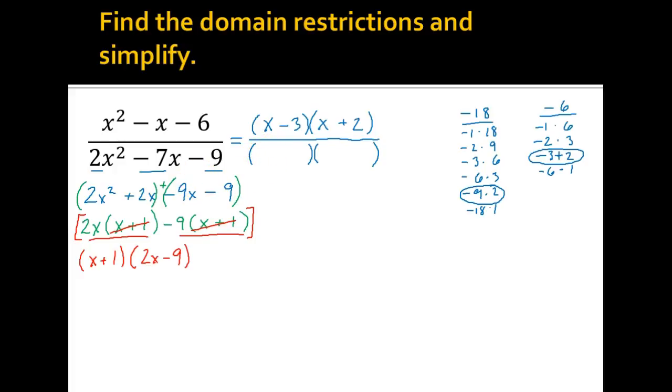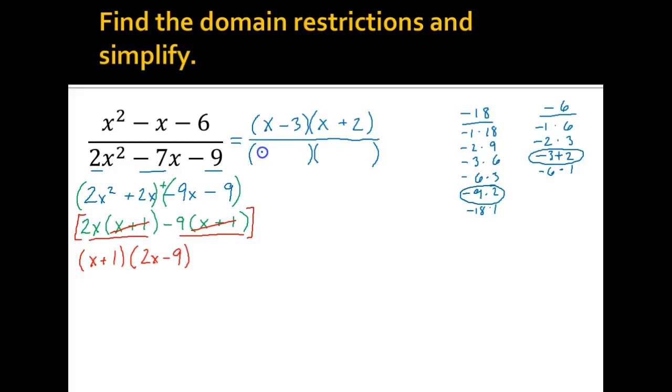So if your trinomial can be factored into binomial factors that have integer coefficients, which is a fancy way of saying whole numbers in all the 4 spots, then this method works.